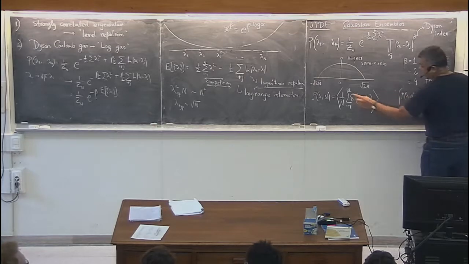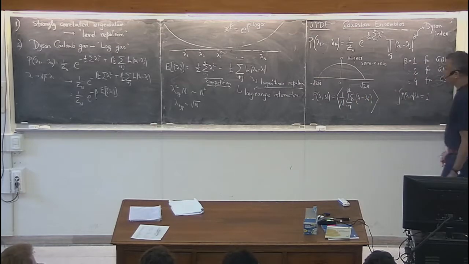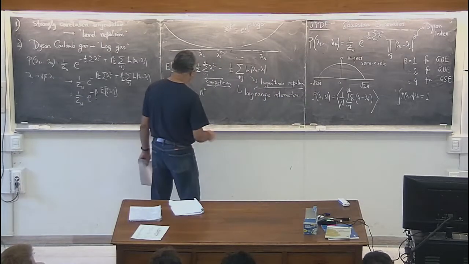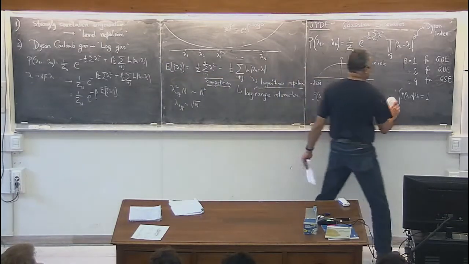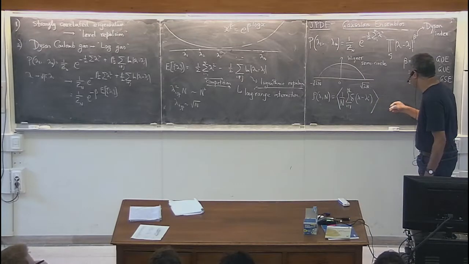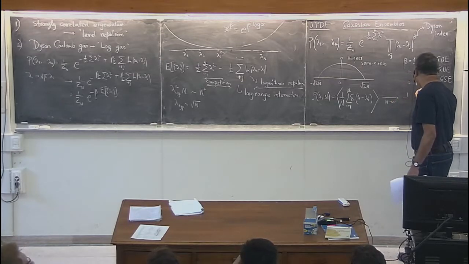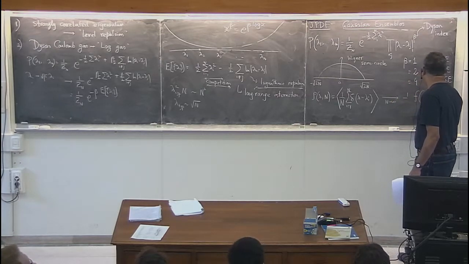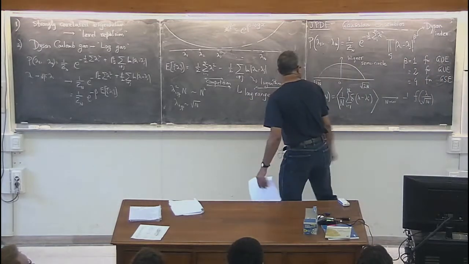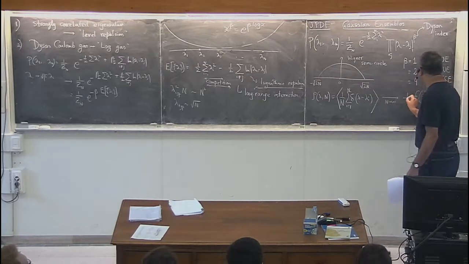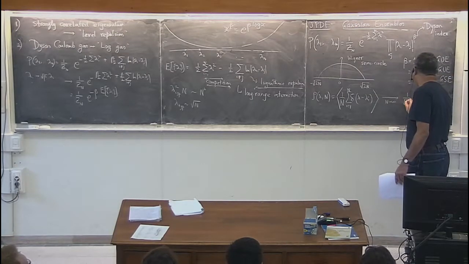Okay. So this is a function of two variables, lambda and n. In the large n limit, it will be some scaling function of lambda over root n, because I just showed you that the typical scale is square root of n. But it should be normalized to 1, so you should have a 1 over square root of n outside in order to normalize it, such that the integral of f of z dz is 1.